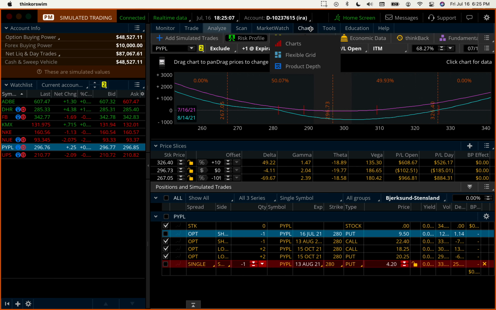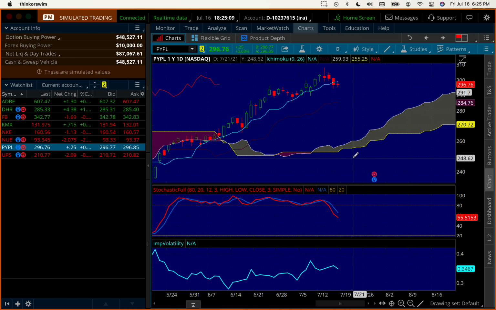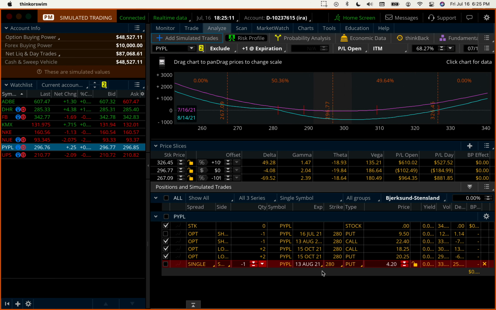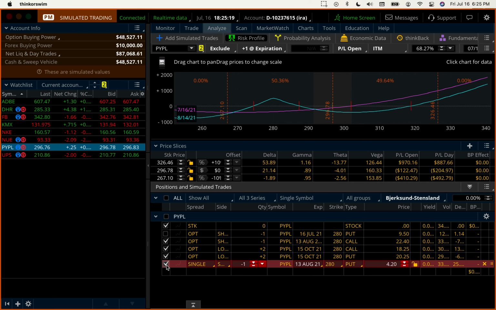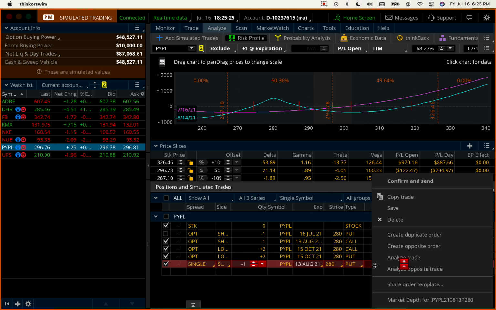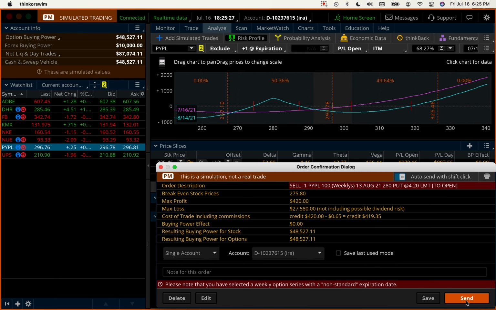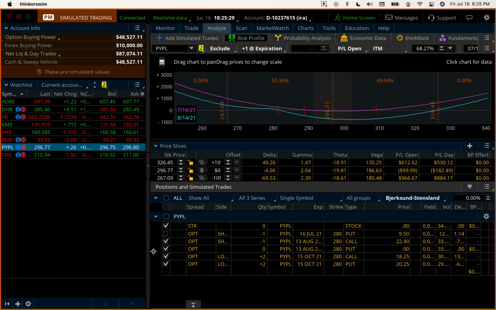Let's take a look at a chart, and I think it's going to correct too. So doing this, yeah, we get quite a bit of money there. Yeah, let's do that. We get $420. And we'll see if it's filled.